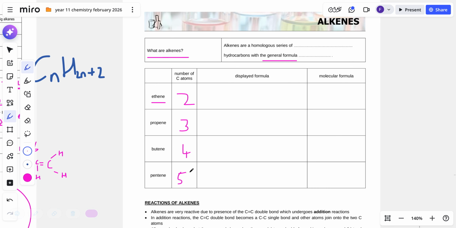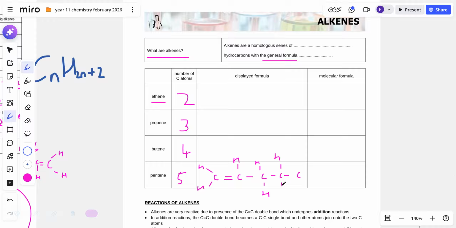So pentene is 5. If I'm going to draw pentene, 1, 2, 3, 4, 5. It needs only one double bond for an alkene. Alkenes mean it's got a double bond. Make sure every carbon only has 4 bonds, and that's it. I am done with pentene.